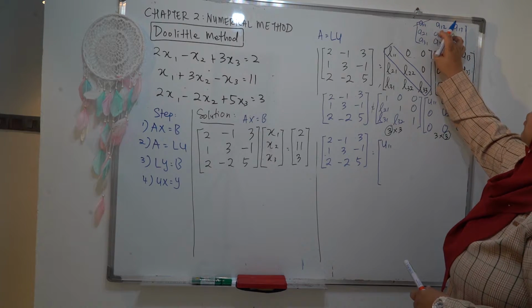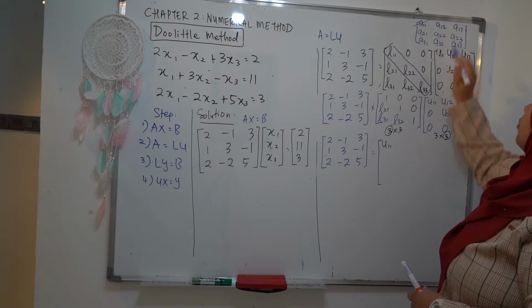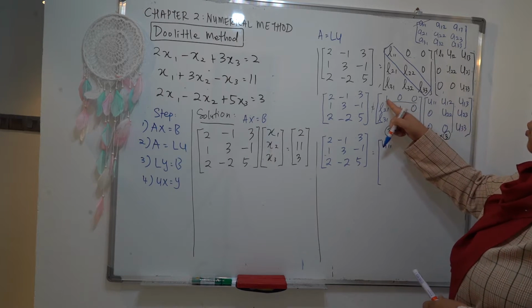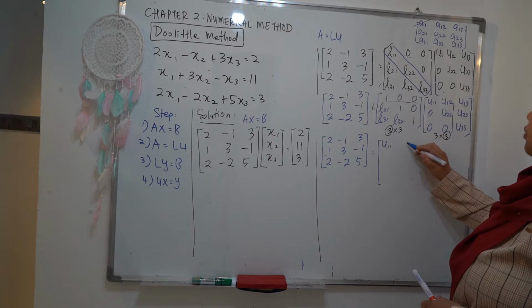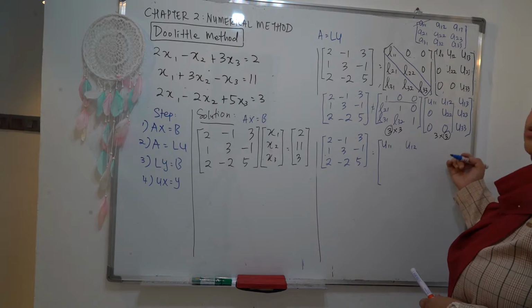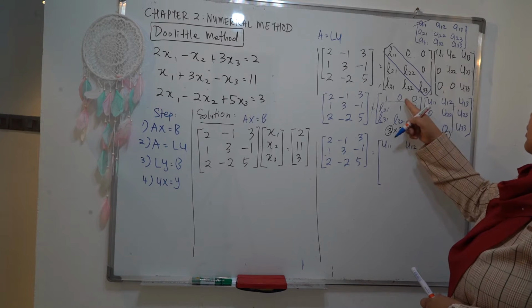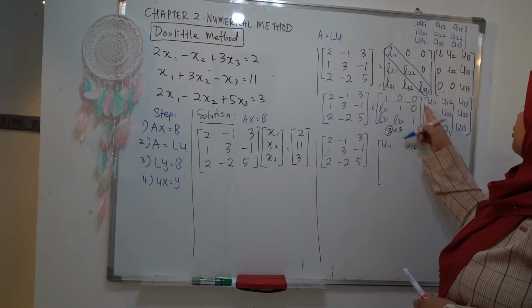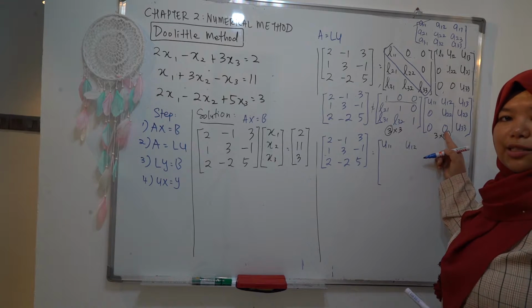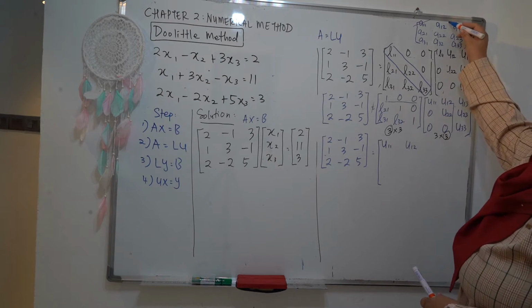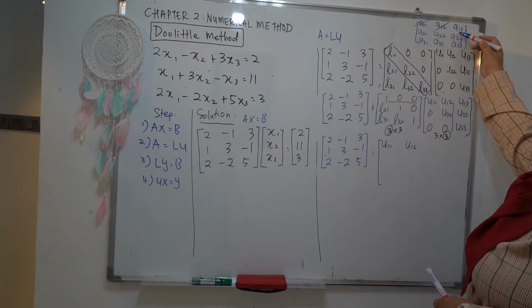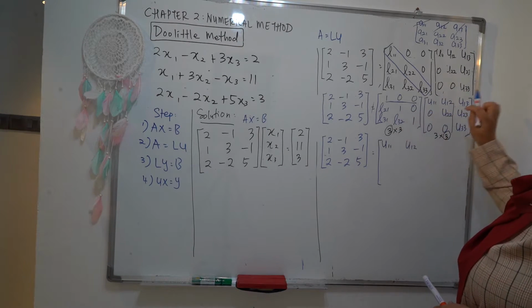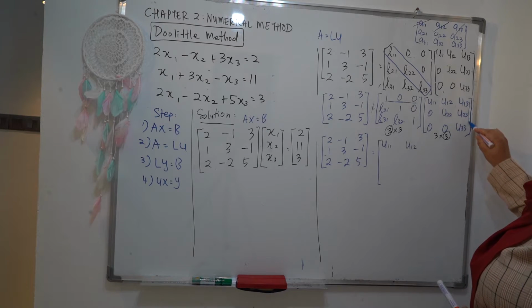Okay, A12 means row 1, column 2. So 1 times U12 is U12, plus 0 times U22 is 0, plus 0 times 0 is 0. So we're done. A13 means row 1, column 3.